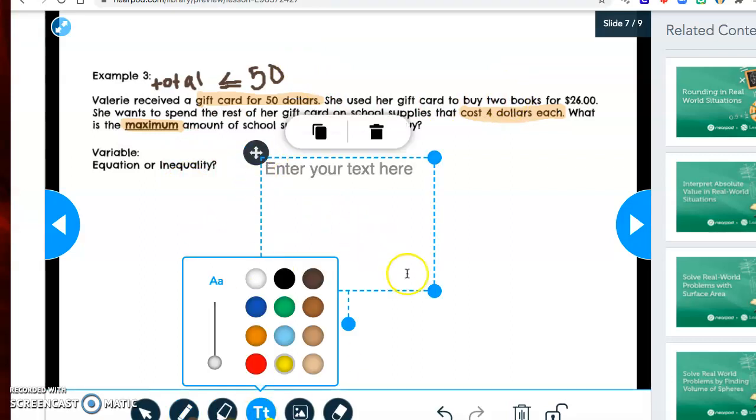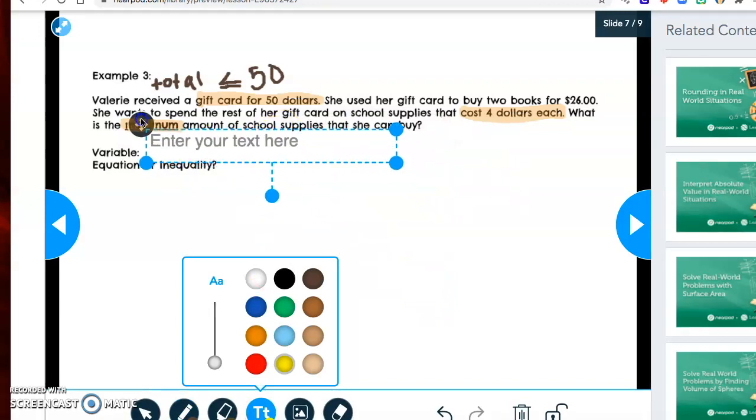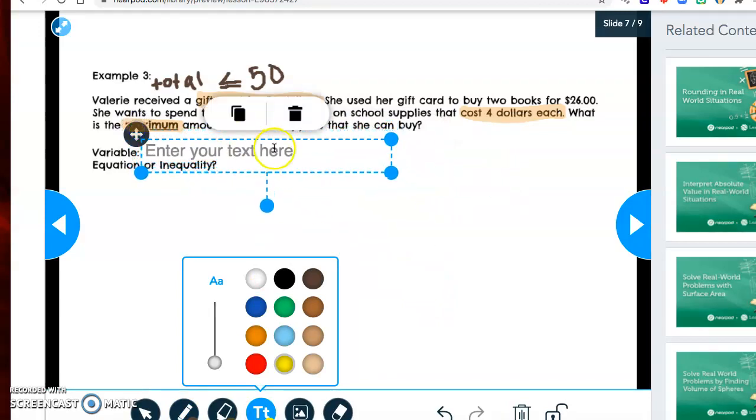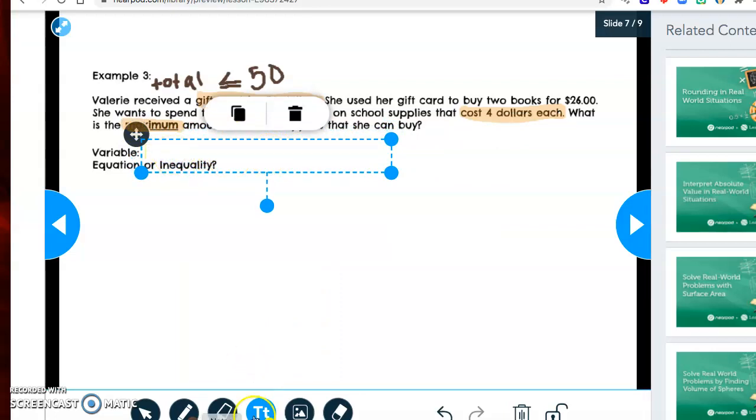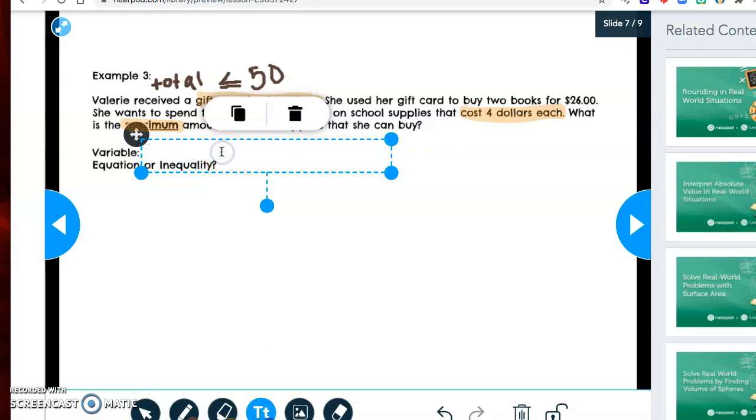The variable is always what we are trying to find. So we want to find the maximum amount of school supplies she could buy.